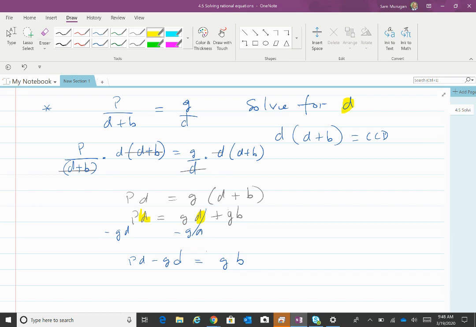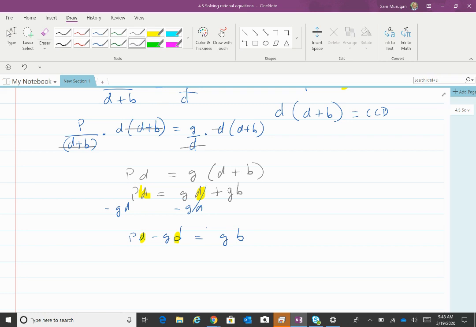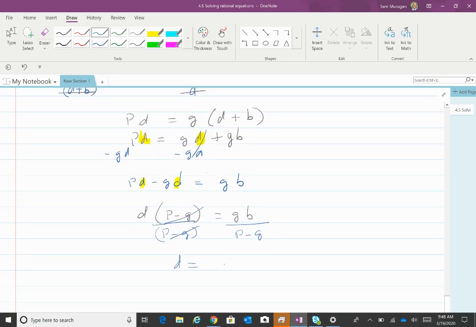And now we have the opportunity to factor out the D. So you can see all we need to do at this point is divide both sides by P minus G. And we've isolated D on the left-hand side. D is equal to GB over P minus G.